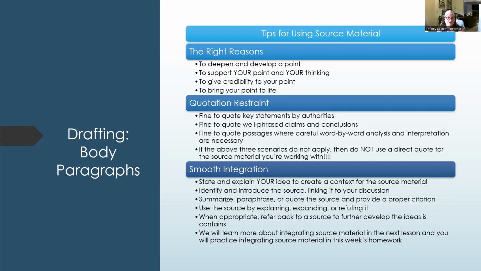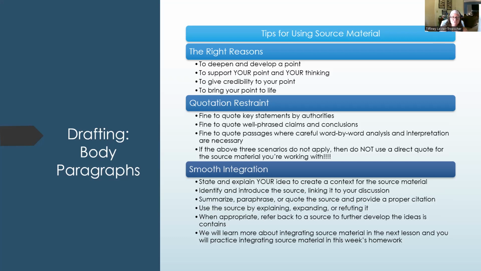Practice quotation restraint. Again, we're going to look at this in the next lesson a lot. You're going to want to use summary and paraphrase the most, which is the exact opposite of what most students try to do. They try to use nothing but direct quotes. Everything is direct quote from their sources.